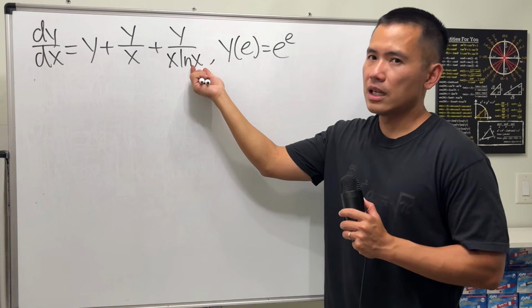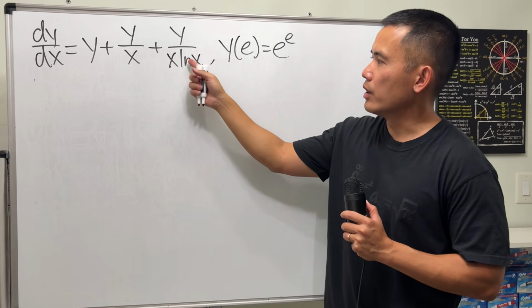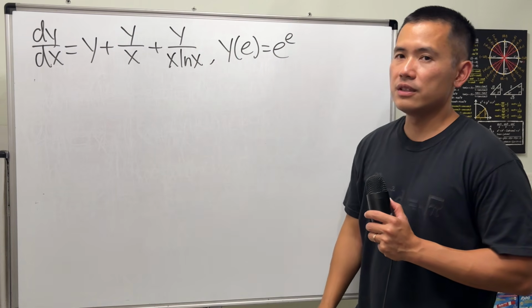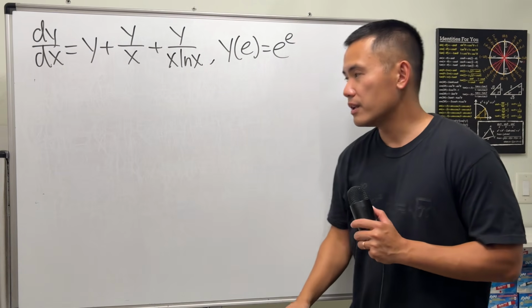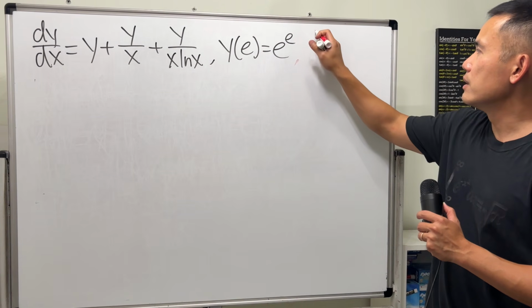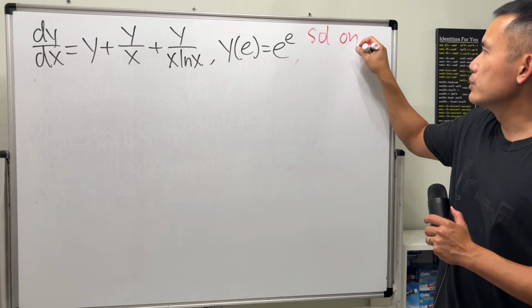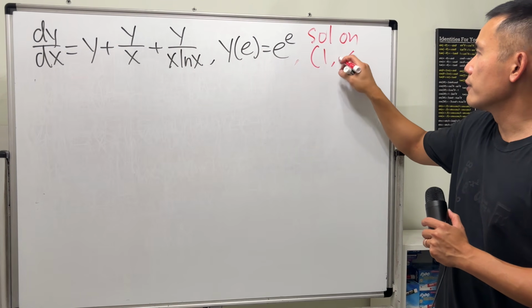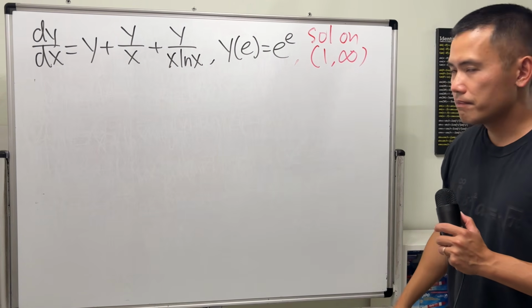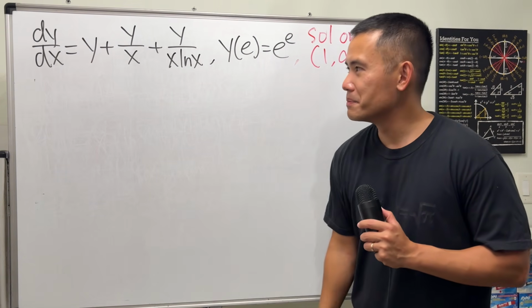Secondly, x cannot be 1 because otherwise ln 1 is 0, and dividing by 0 is undefined. So either we can pick from 0 to 1 or 1 to infinity. Let's just go with 1 to infinity. So just say we want the solution to be on the interval 1 to infinity, not including the 1. With that said, here we go.